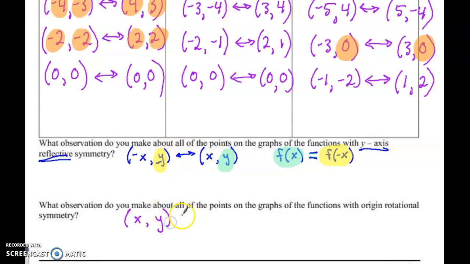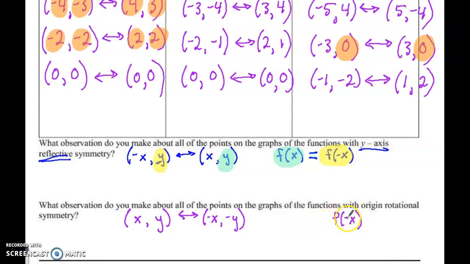Most people would start with the positive ones. But what do you notice about every one of these is that they change signs for both. So negative x, negative y.